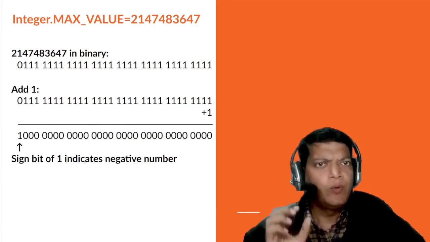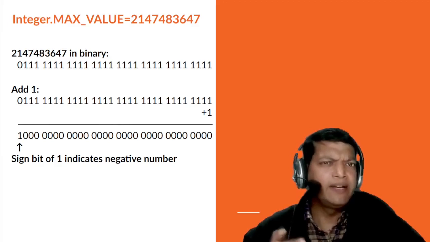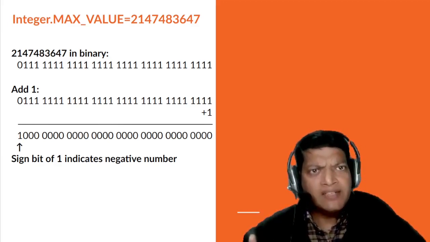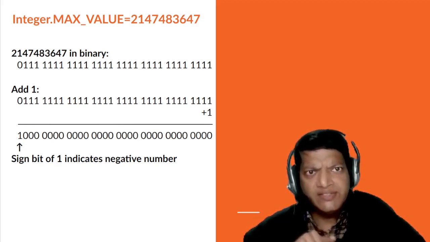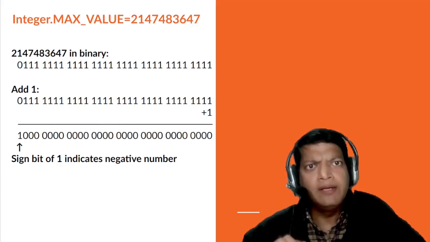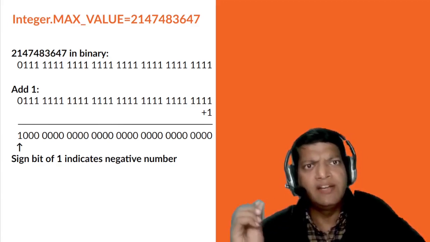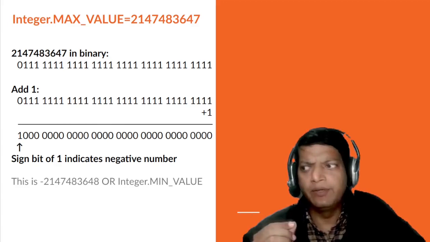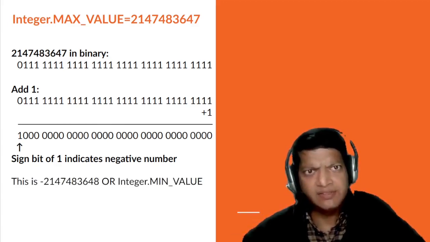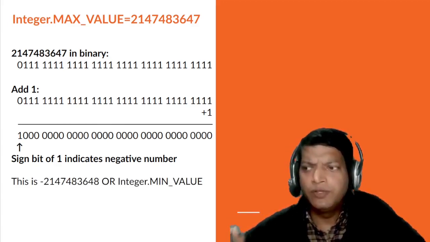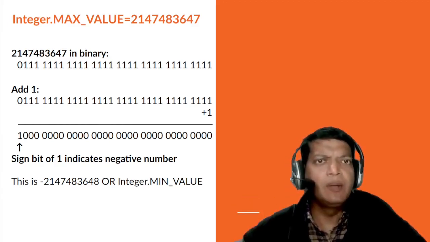Hence once you add plus 1, or for that matter any other number, to the maximum possible value, this results in the carryover of 1 on the last digit or the leftmost digit, which makes the number negative. And in this case the first bit becomes 1, and this is equal to the minimum value of the integer.